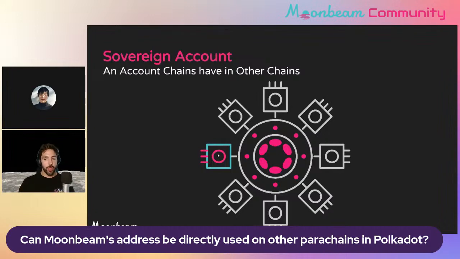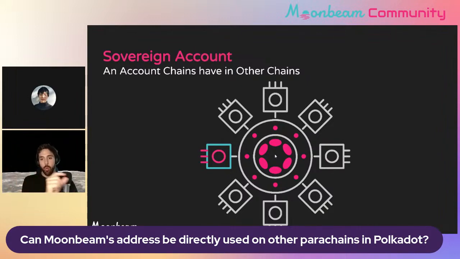Using that method of controlling accounts remotely, I would never need to use MetaMask. Imagine I use whatever wallet I prefer on Polkadot, and with a nice application built on top of both chains, it asks: how many tokens do you want to send to your Moonbeam account? And I say, I want to send 10 DOTs.